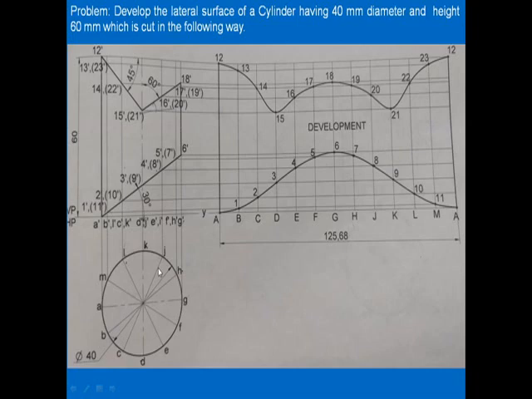Since the circle doesn't have any sharp corners or vertical edges, you need to create them. So that is what you will be creating here, and then you will be projecting them, and all these projections will be called generators. So basically you are dividing the circle into equal generators, either 8 or 12. So that is what we are going to do.